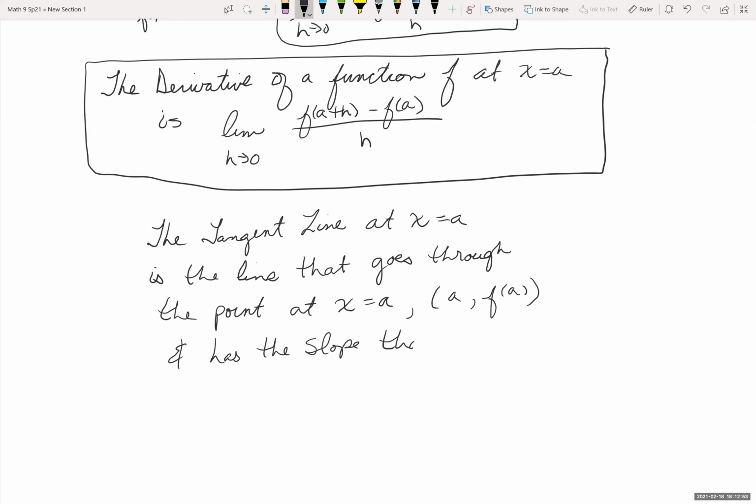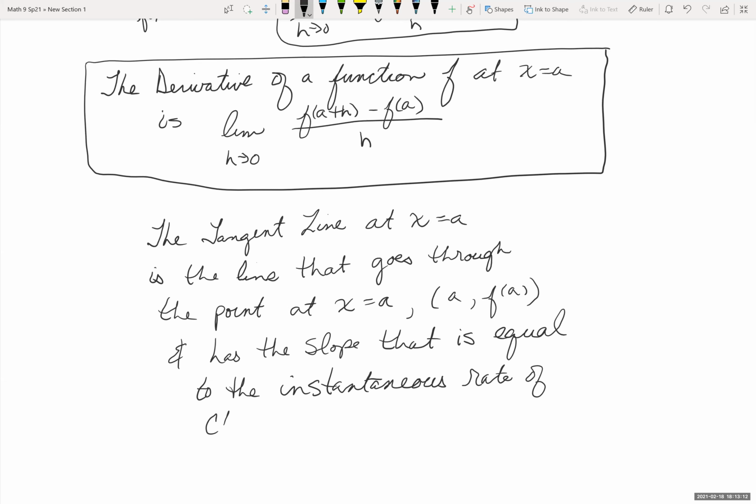So it has the slope that is equal to the instantaneous rate of change at x equals a.